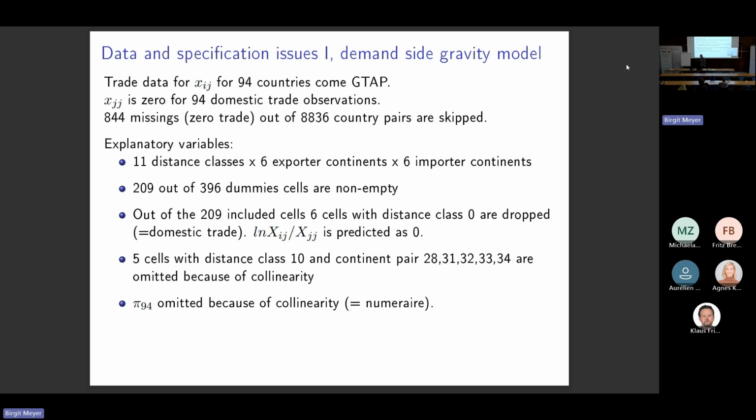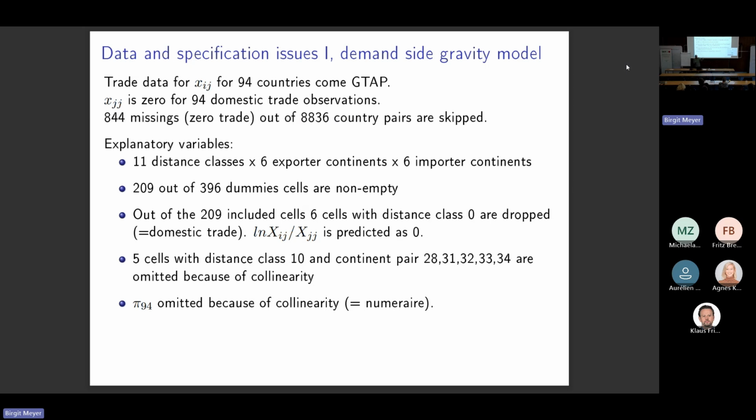However, this is only the case if the supply shocks are independent and if the demand shocks are independent. If the demand shocks are clustered by importer country, for example, you assume that for each importer, all exporters are correlated, and in the end, it looks like having just one observation.